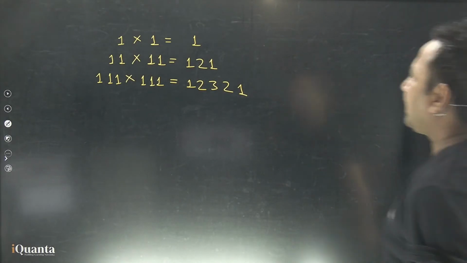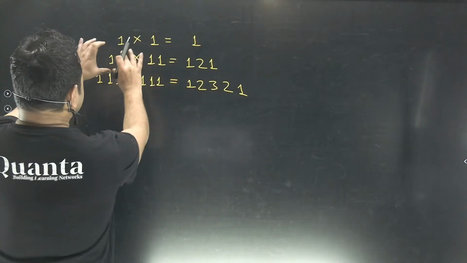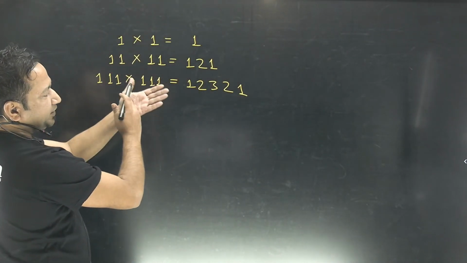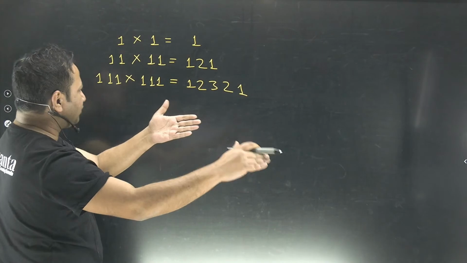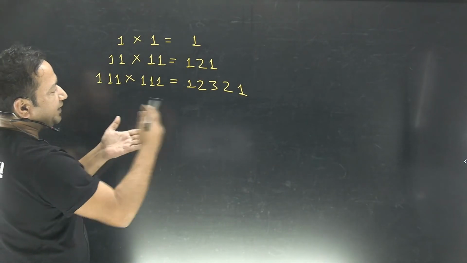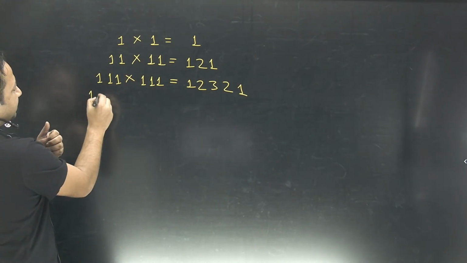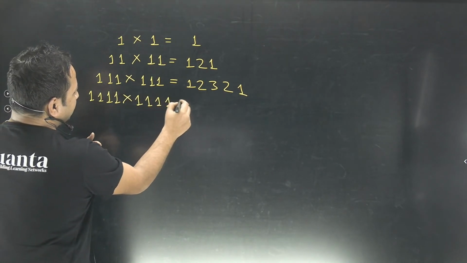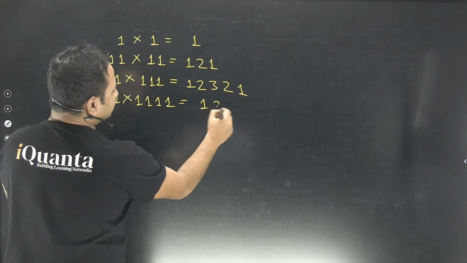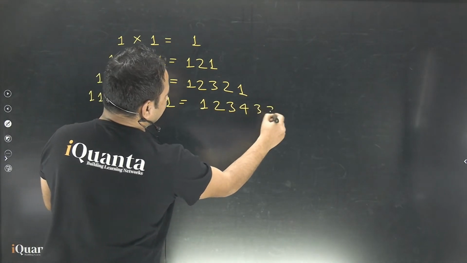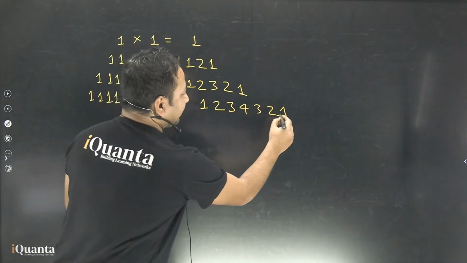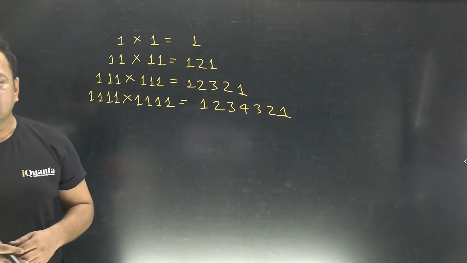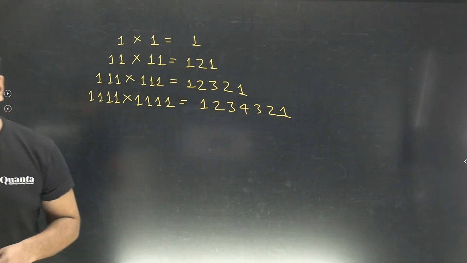If we have 2 ones, I'm counting 1, 2 in ascending order and then back to 1. If I have 3 ones, then 1, 2, 3, 2, 1, which means if we have 4 ones, we get 1, 2, 3, 4, 3, 2, 1. All right, is that clear everyone? So this is the logic that is following over here.